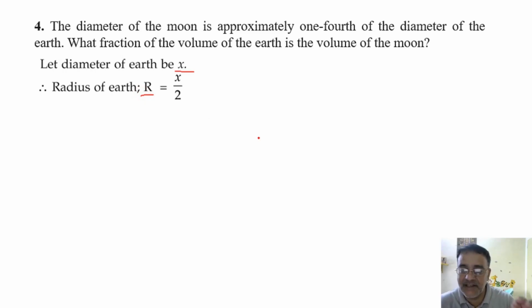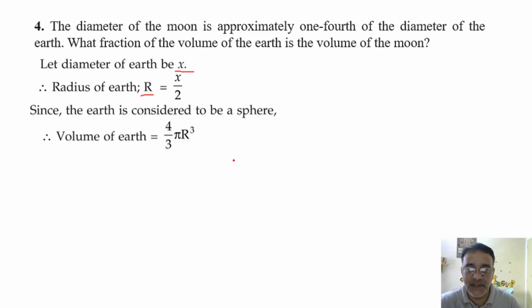Okay, now the same earth is considered to be in the form of sphere. So volume of earth will be equals to 4 by 3 pi r cube. Now we'll substitute the value of r here, x by 2.